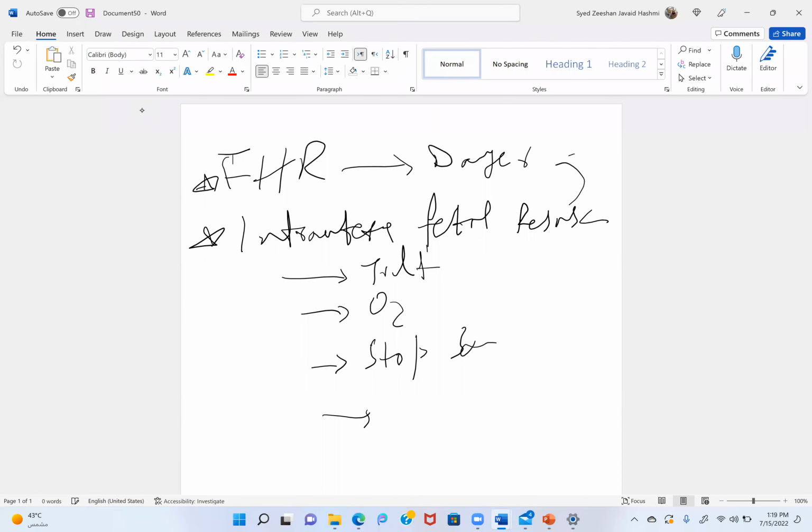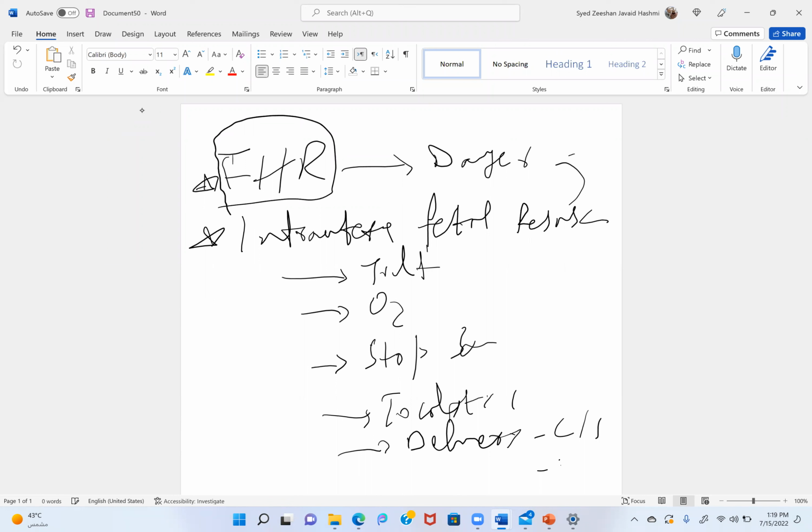Of course, you may even need to give tocolytics, and you may go for delivery of the baby by cesarean section or normal delivery, whatever the scenario will be. They can ask you what fetal heart rate changes are dangerous, so you should know about it.